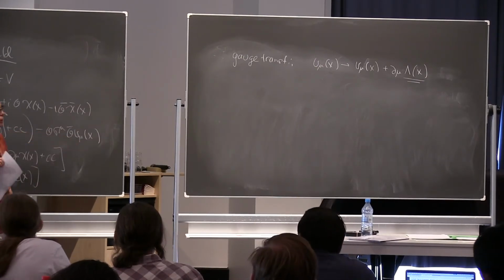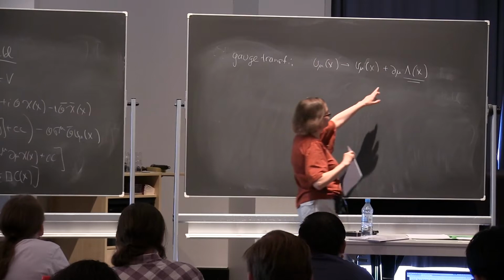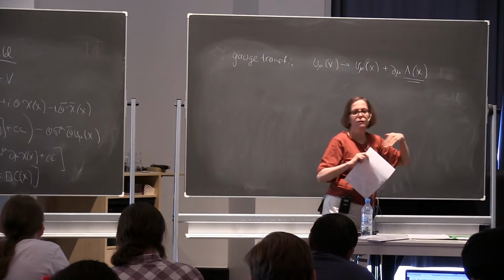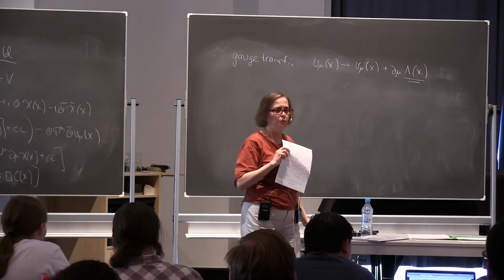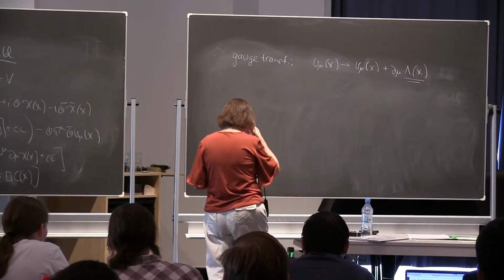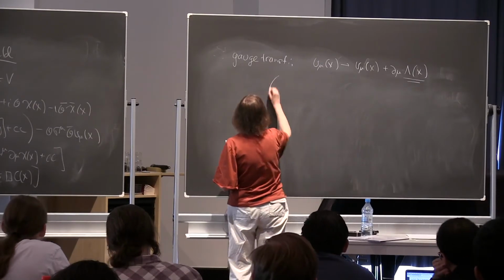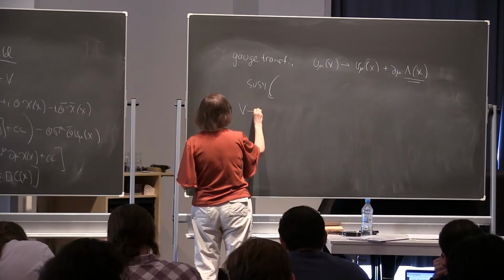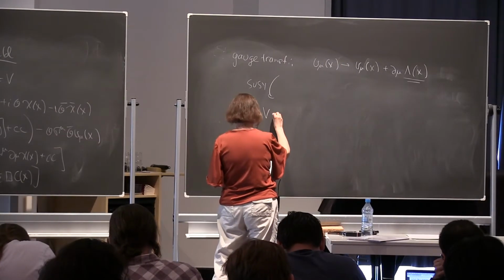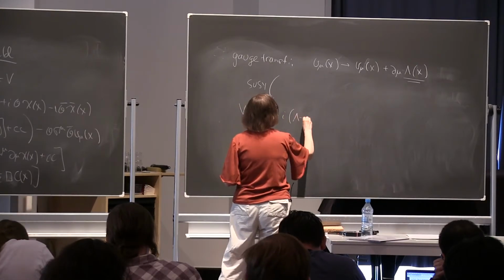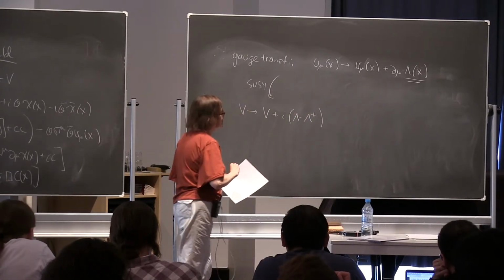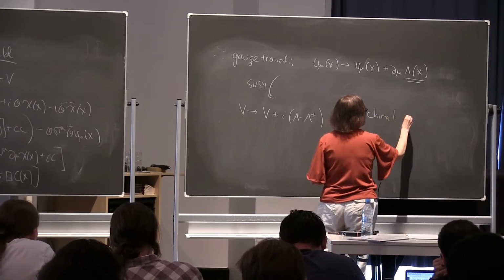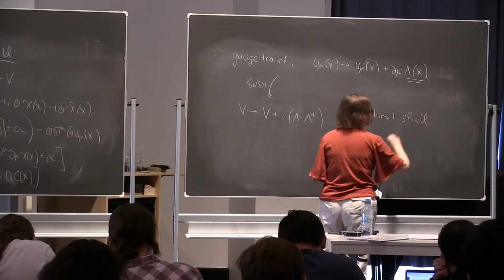And notice this lambda is not a constant, it depends on x, so something is going to happen to it under a supersymmetry transformation. So what we need to do now with SUSY is take the full superfield V to V plus i(lambda minus lambda dagger), where lambda is a chiral superfield.